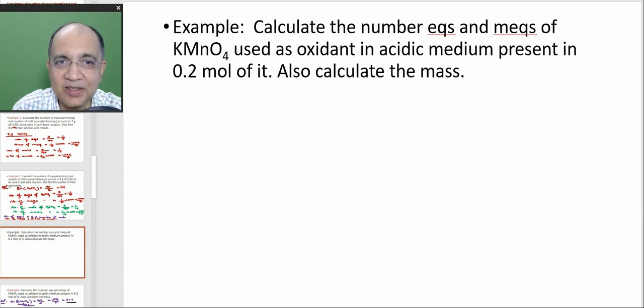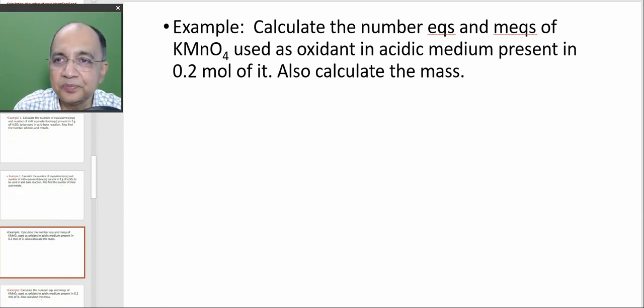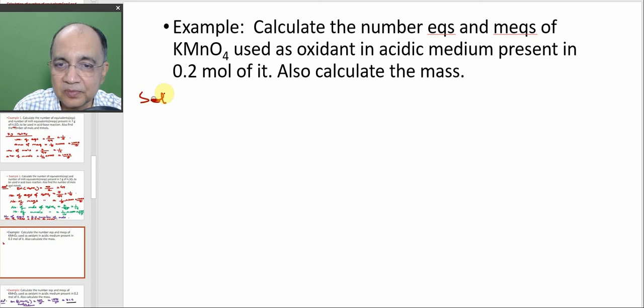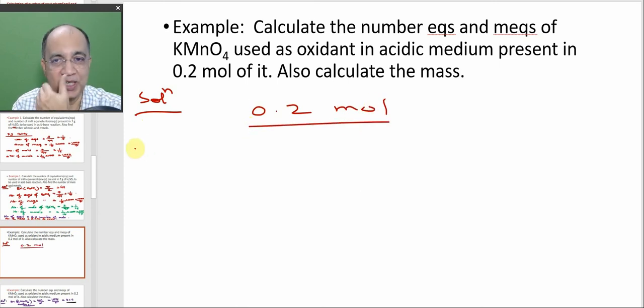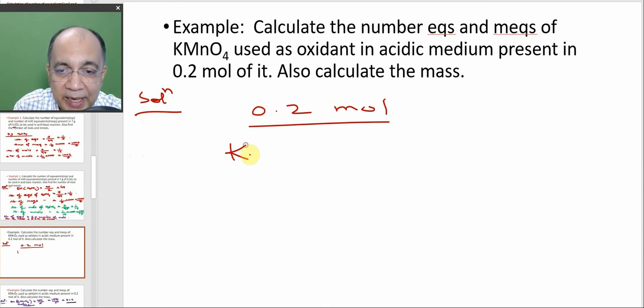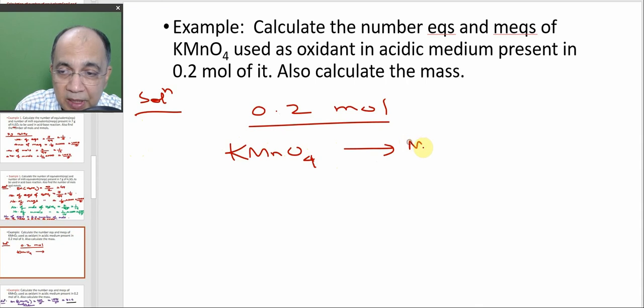Now let us solve it together. So the number of moles is 0.2 mole. So what is the n factor? That is important. In acidic medium, permanganate goes to +2 state.